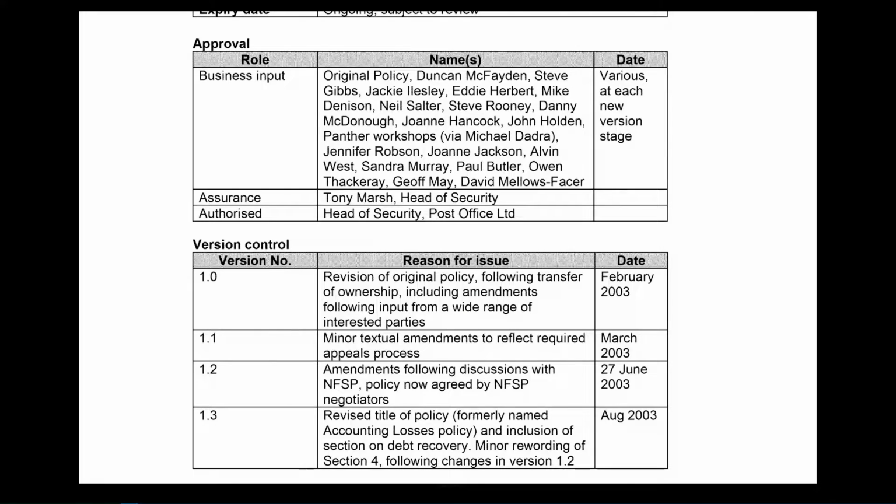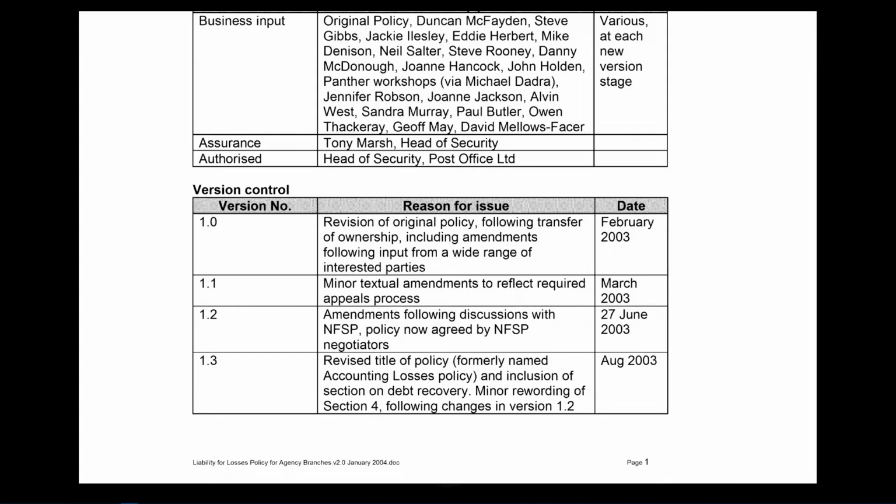If we scroll down, it may assist actually, because there's some slight confusion in the document, because if we scroll down to the bottom, but keeping that table that we can currently see at the bottom, slightly below that, it actually refers to it being version 2.0, January 2004, albeit we saw at the top it said version control 1.7, September 2003. I don't know if that assists or doesn't assist. Just an admin error, I guess. But yeah, I think this is just the latest version of similar policies that were badged under different areas.